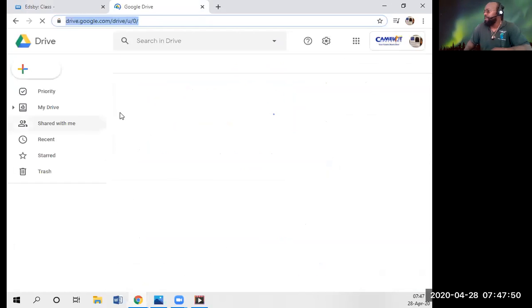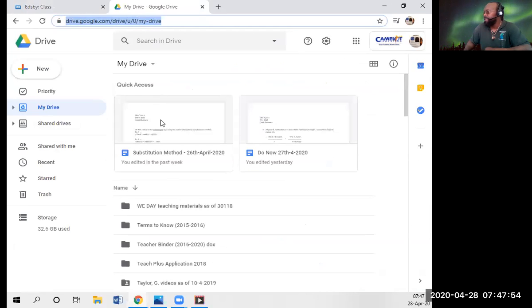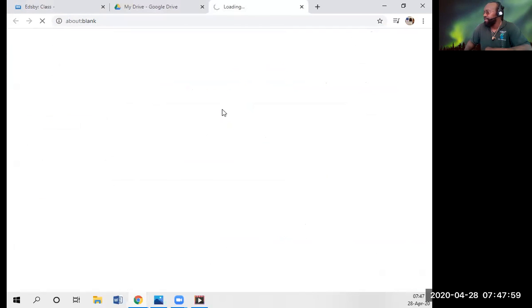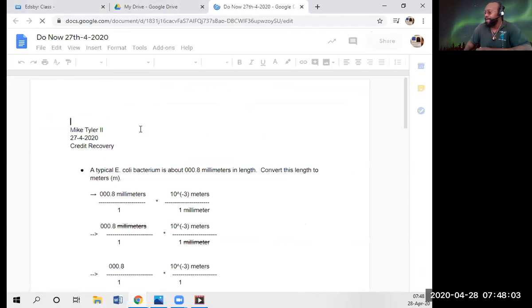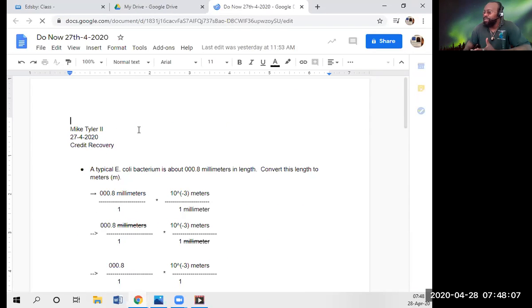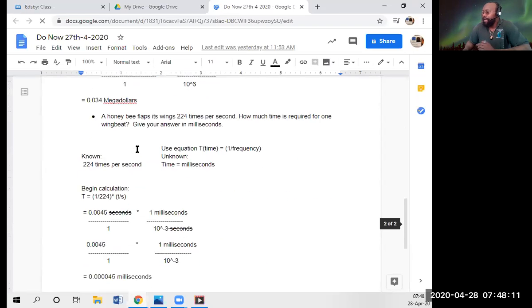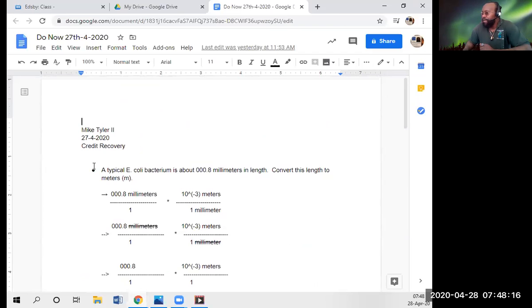Let's see if it comes up in my recents. Is this it? I think it is the 27th, right? Today's the 28th. So this is most of the stuff we got through yesterday. Now we have to move on, so if we clean this up, this is our question 1.